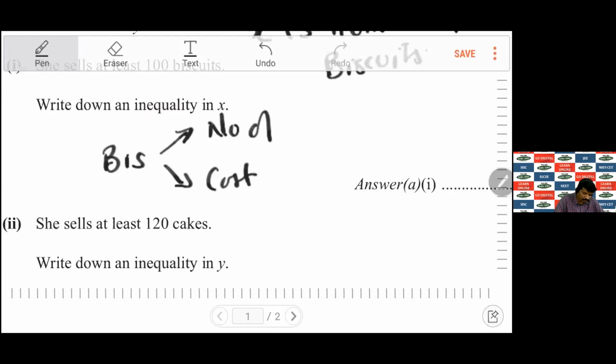Biscuits will have 2 values. You will know 2 things about biscuit: the quantity and the cost. Suppose you have taken 5 biscuits and 1 biscuit costs 20 rupees. When you multiply, you get the total amount, that is 100.